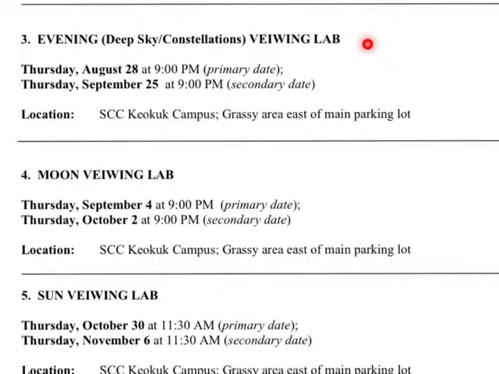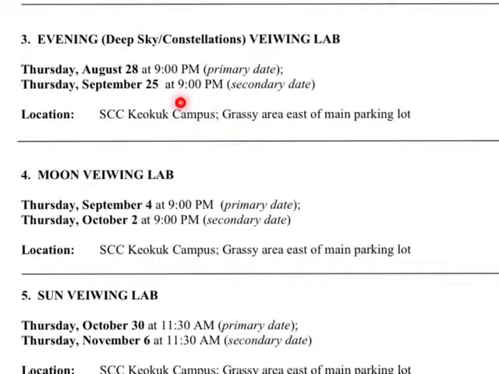My primary date is pretty early, August 28th at 9, and my secondary date, if the primary falls through, is September 25th. Let me know if that's confusing about the primary and secondary dates. If my secondary date is clouded out as well, I am going to go ahead and meet at that time at that location, and we'll do something for lab credit.